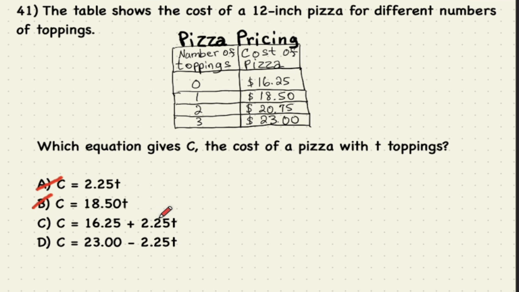And depending on how many toppings you get, you're going to multiply it by T. So this is the correct answer choice. And of course, answer choice D does not make any sense because you have $23 and you're subtracting $2.25 times the amount of toppings from that. So that doesn't make any sense. Okay, so answer choice C is it. And we're going to move on to number 42.